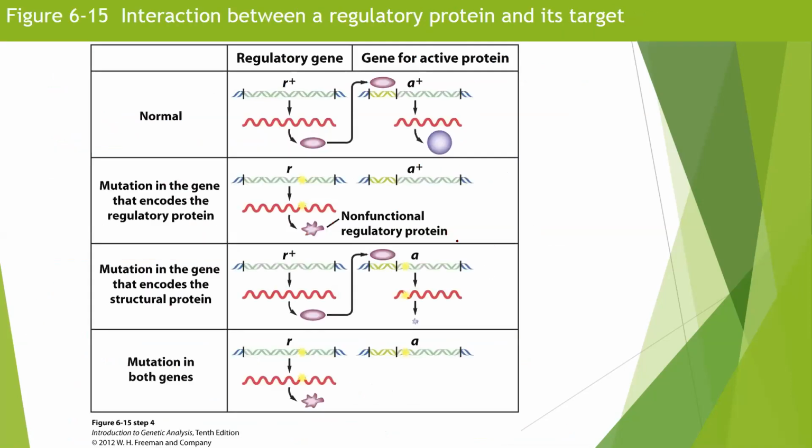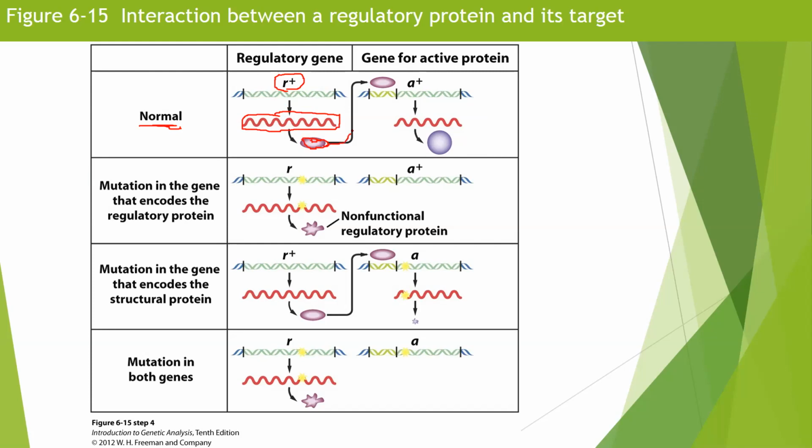So let's look at this example. So in a normal situation, this is the gene for the regulatory protein. If this is a wild type allele, it can be expressed, transcribed, and the transcripts can produce some functional protein. And this is the regulatory protein.